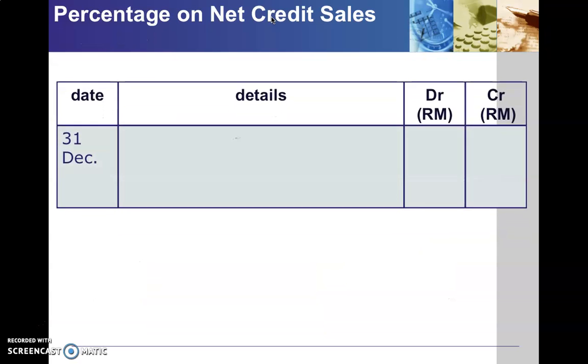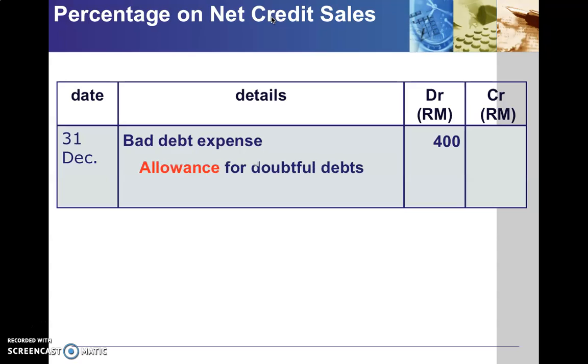Then we record a journal. 31st December. Debit bad debt expense 400. Credit allowance for doubtful debt 400. Description: recording bad debt expense.